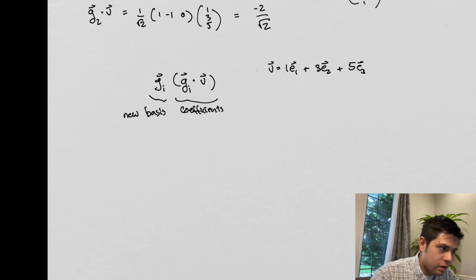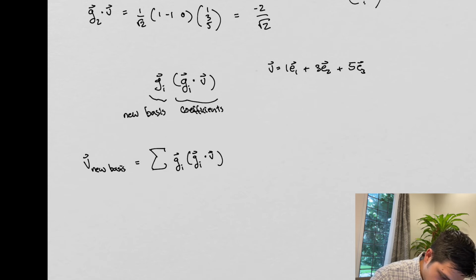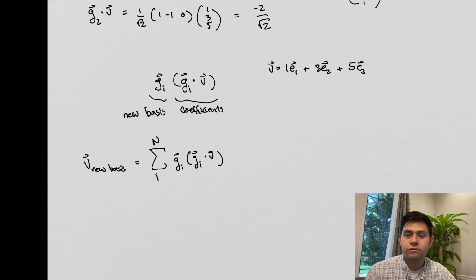So what does this mean? This means V in the new basis equals a sum over i, and we start at i equals 1 and go to N. N could be infinity, or it could be some finite-dimensional Hilbert space.